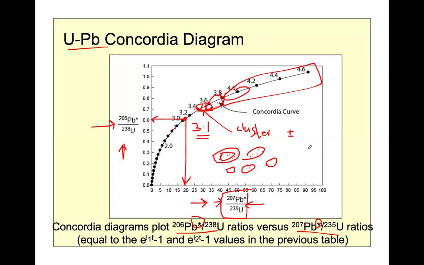That means you will be getting a much more reasonable value, reasonable age, right? So this is what you call the Concordia diagram. We have to use this Concordia diagram if we are utilizing the uranium-lead isotopic system for our dating purpose. Okay, any question up to now?